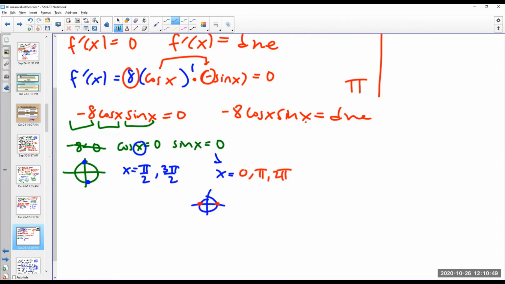Let's go ahead and look at the DNE before we go into the candidates test. Okay, so these are all critical points. I'm going to see if I can get some more critical points up here. Guys, whenever you set cosine x and sine x equal to DNE, think about what they look like. They kind of look like polynomials. They go on forever, negative infinity to infinity, and they're really smooth.